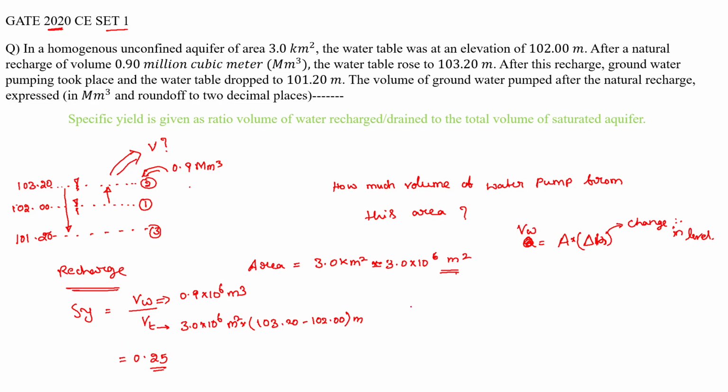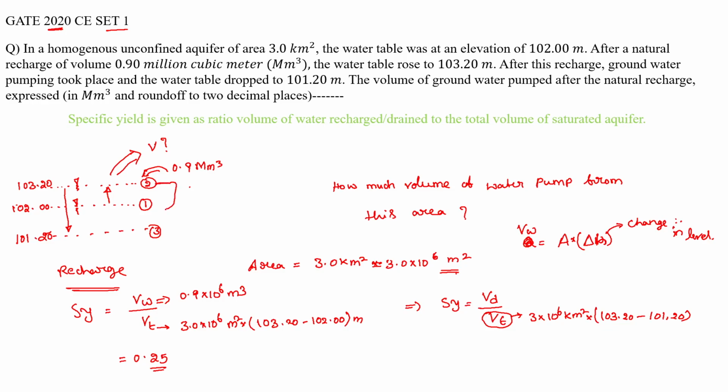Now we will use this specific yield and calculate the volume of water drained from the total volume of saturated aquifer. What is the total volume of saturated aquifer here? It will be 3 into 10 power 6, the same area, into the aquifer thickness 103.20 minus 101.20, because this is the starting point for the second case.